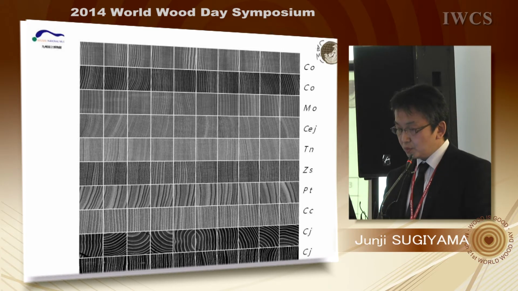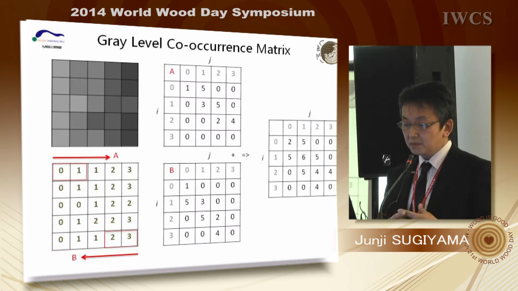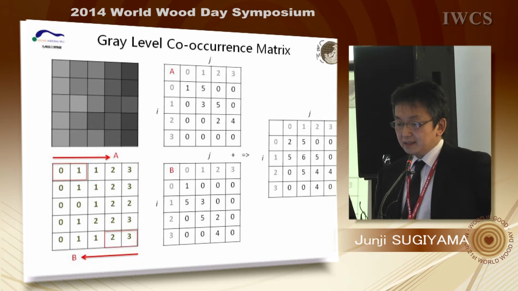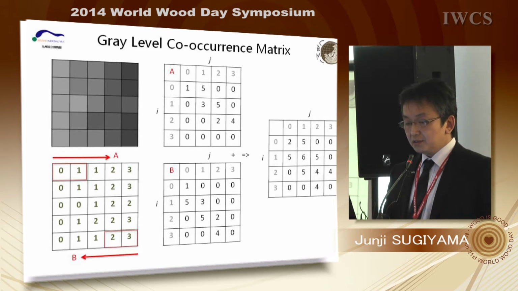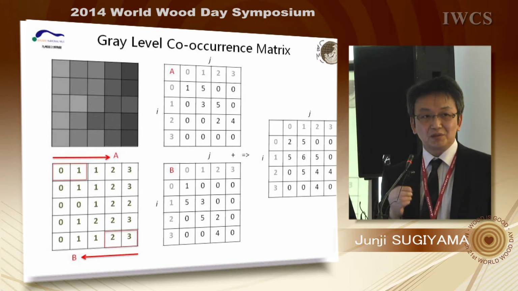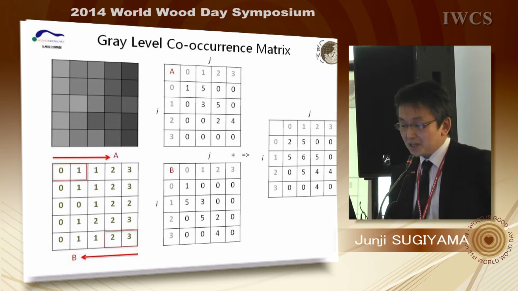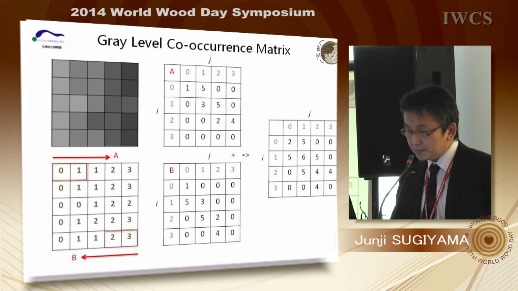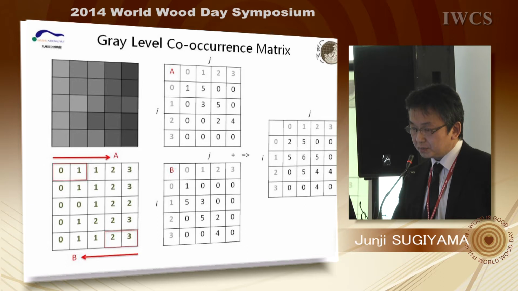How we extracted the image information is the Gray level co-occurrence matrix. This is a little bit complicated, so I'm going slowly. Now I have an image here, on your left top. There are 1, 2, 3, 4, 5 by 5 pixels.